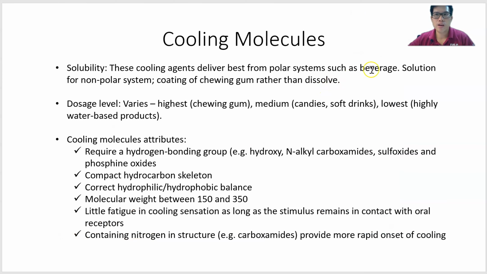If you need to have the cooling compound in chewing gum, which is obviously a non-polar system, what you can do, instead of dissolving it, is coat it on top, on the surface of the chewing gum. When you eat it, it goes directly to your receptor. So there's no need to dissolve it into the formula, just coat it on top.